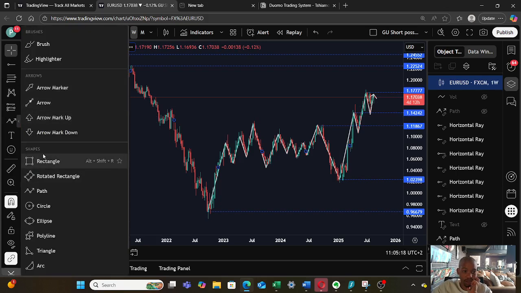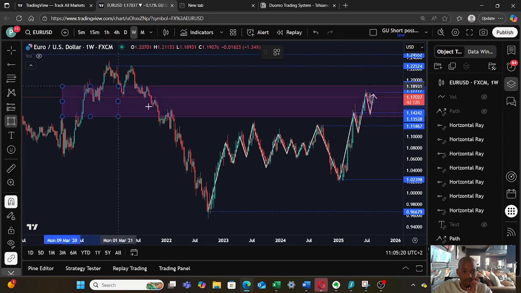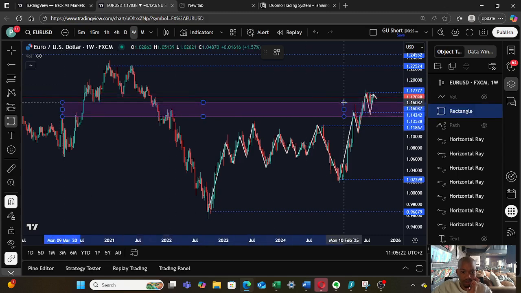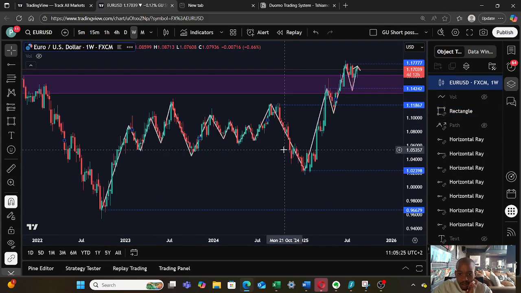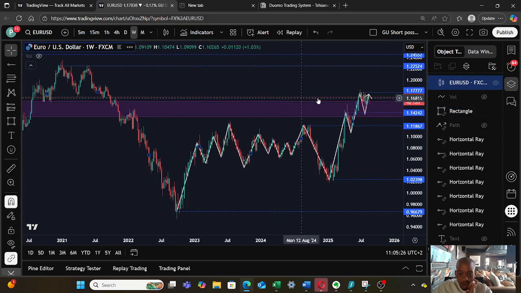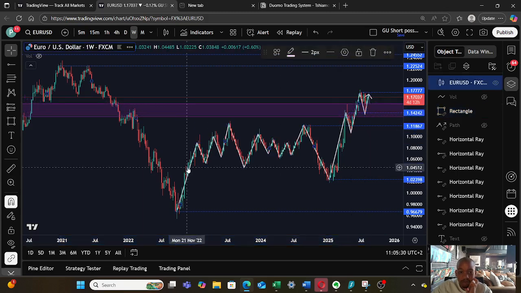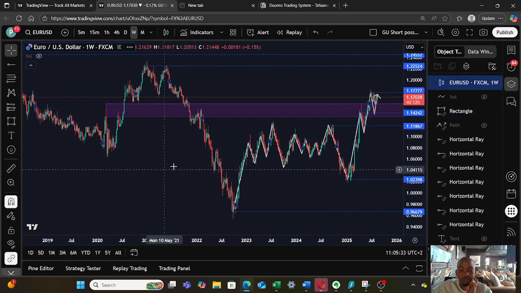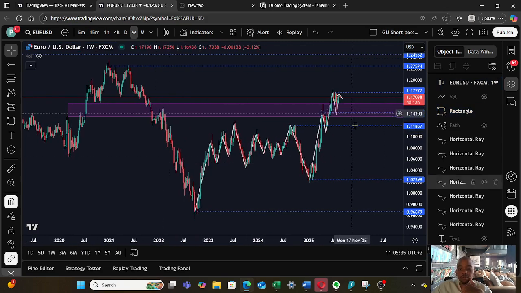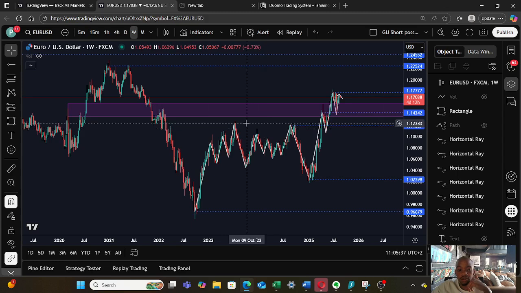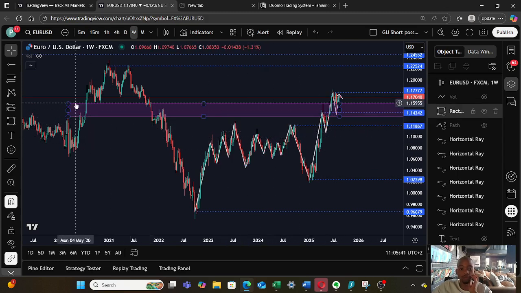If I was to take the rectangle tool and see if we could map something out here, it's like we are forcing the situation. We have enough information from the swing right here, which is also more precise. It doesn't really make sense for us to use a reversal zone.